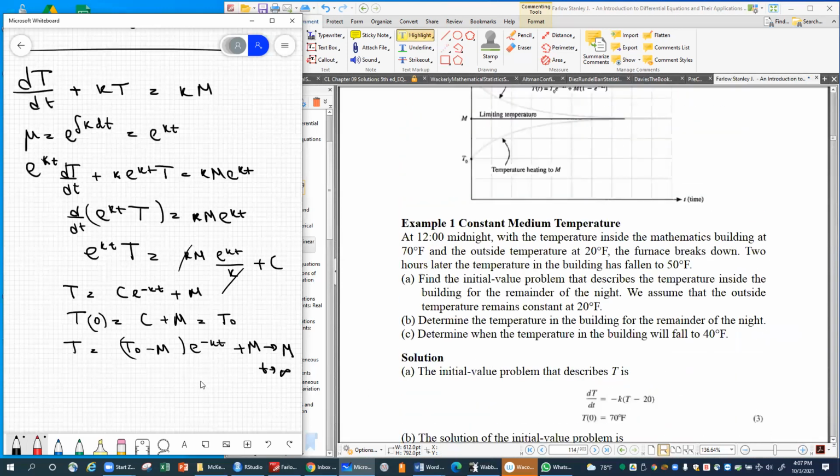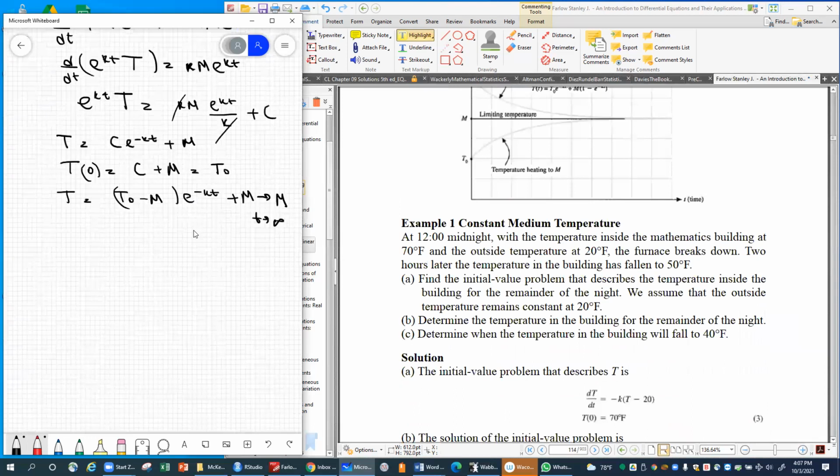So you have at 12 midnight the temperature in the mathematical building is 70 Fahrenheit and the outside temperature is 20 Fahrenheit. So like a cold winter, but the furnace breaks down. Two hours later, the temperature is already 50. That's terrible. So find the initial value problem, etc. Assume the outside temperature remains 20.